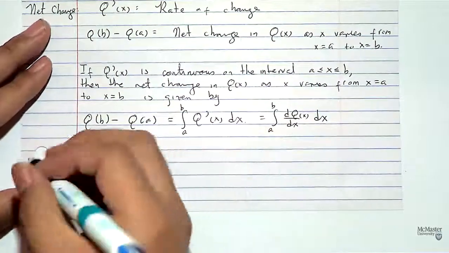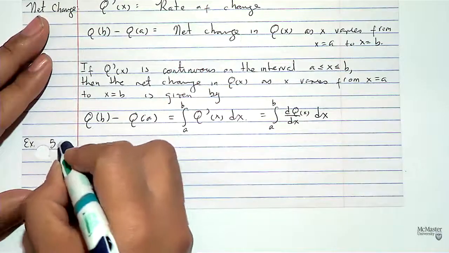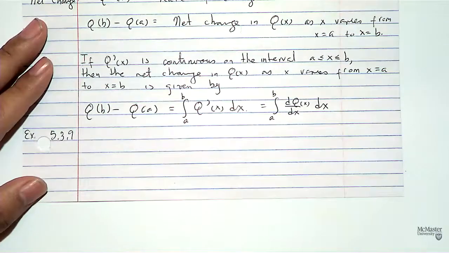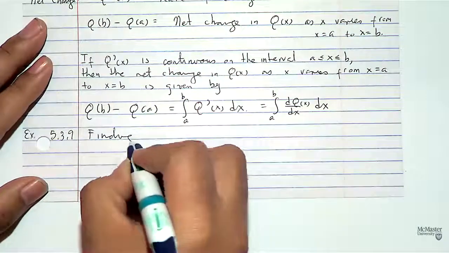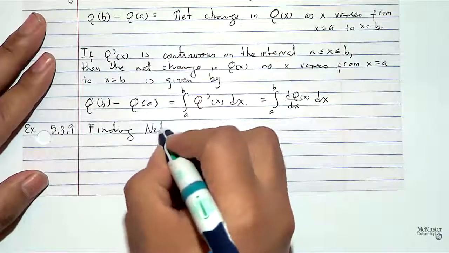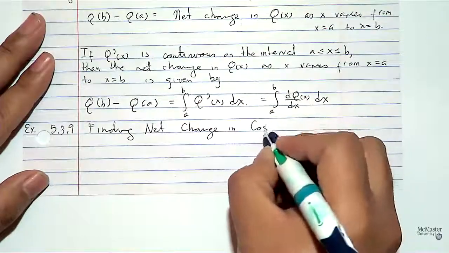So in this case, to illustrate the example, we will do a particular function which will be the following. Let's say that you want to find the net change in cost.